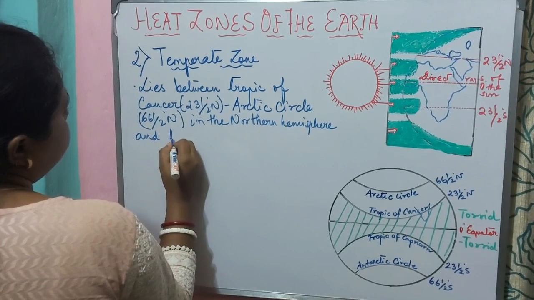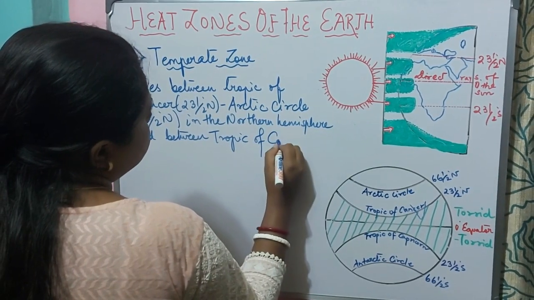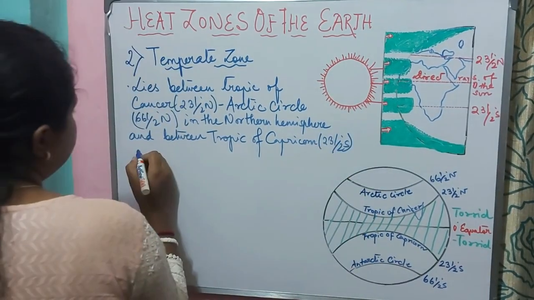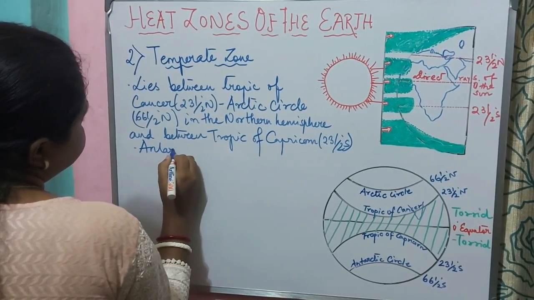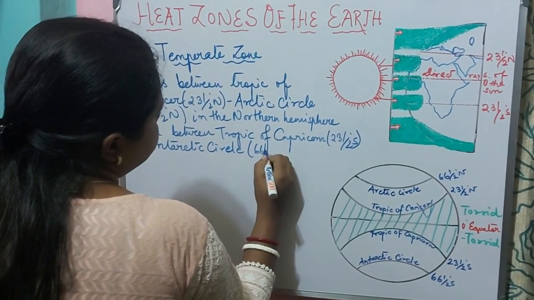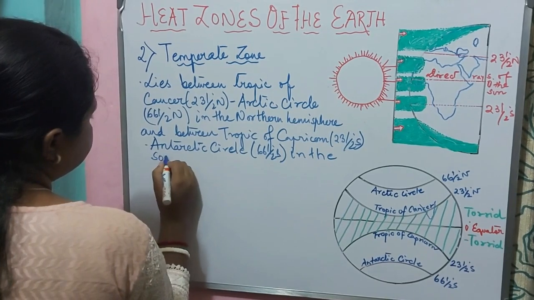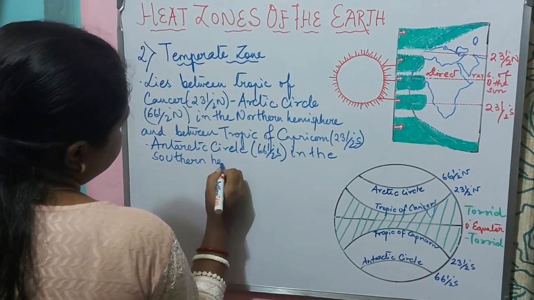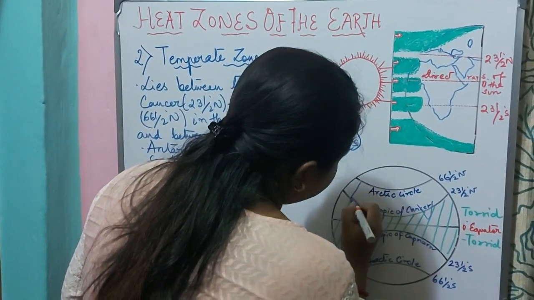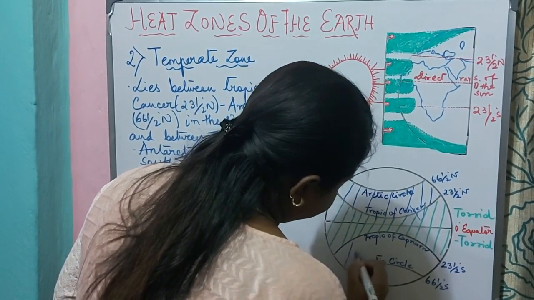and between Tropic of Capricorn and Antarctic Circle in the southern hemisphere. So this portion is referred to as the temperate zone.